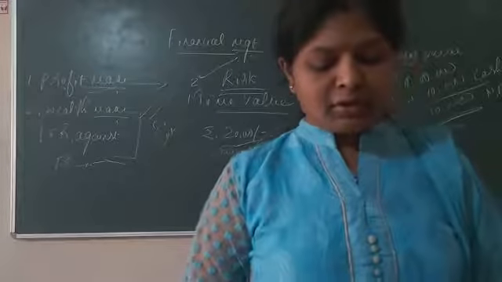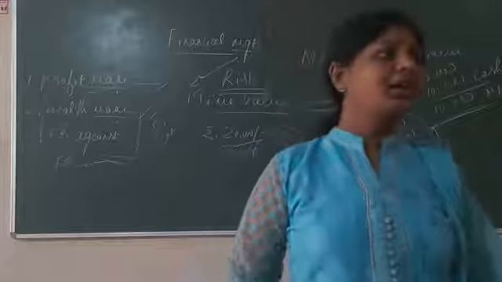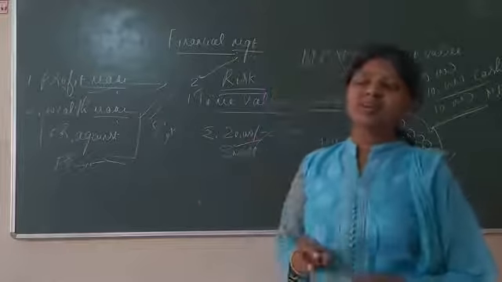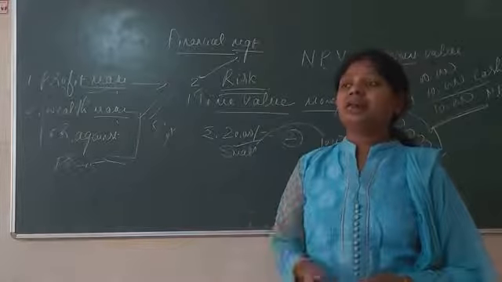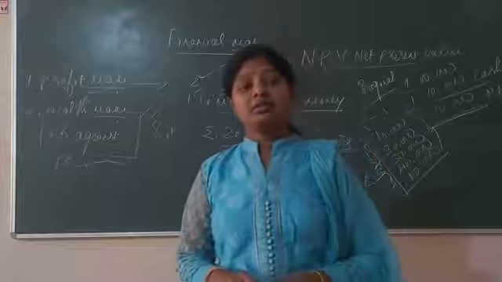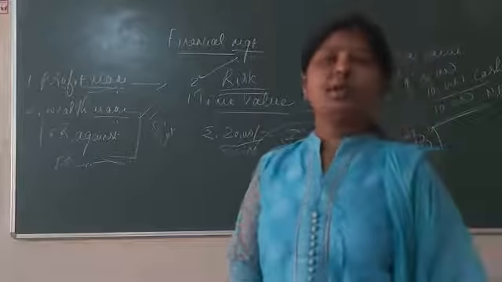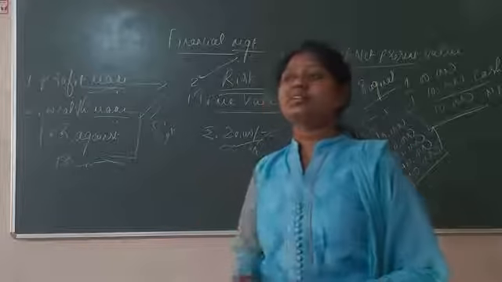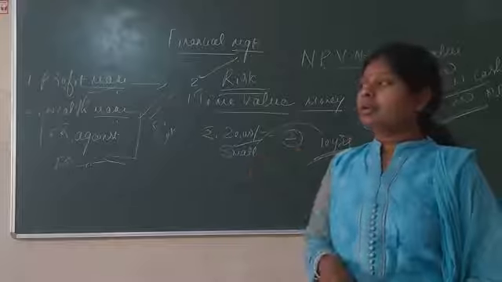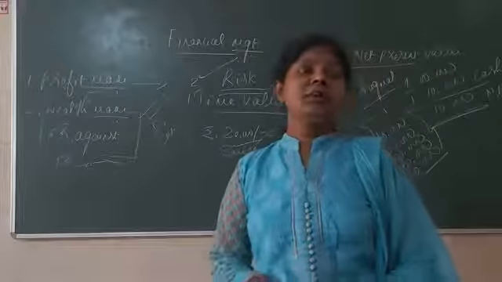This is going to be taken into consideration: present as well as future earnings per share. Per shareholder, how much income is received by a shareholder is taken into consideration, along with how much risk we have in an organization within the time, and how much return we have to take for the business entity.